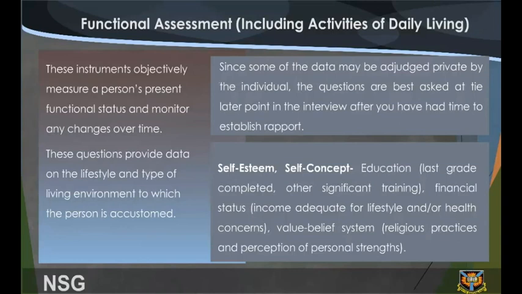These questions provide data on the lifestyle and type of living environment to which the person is accustomed. Since some of the data may be judged private by the individual, the questions are best asked at a later point in the interview, after you have had time to establish rapport.